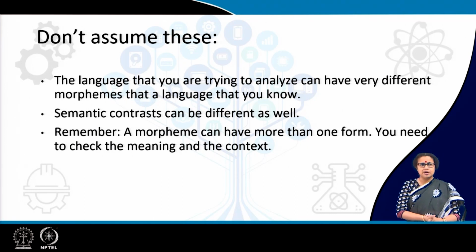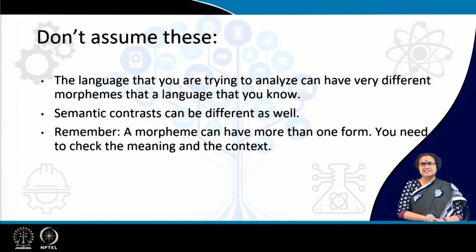We will also talk about how we can do different patterning for different languages of the world based on certain types. We will be talking about them in future, but for basic analysis you should know this golden rule that no assumptions are needed to begin the analysis. And semantic contrasts can be different as well.